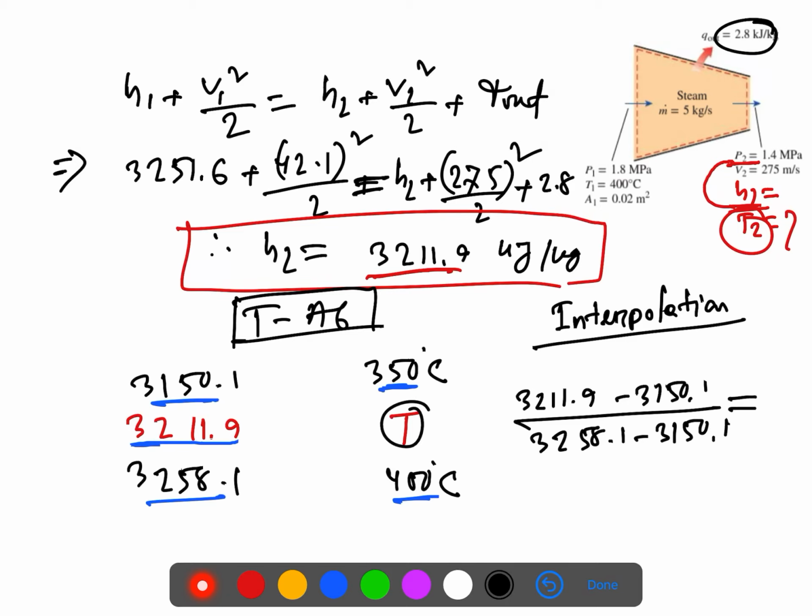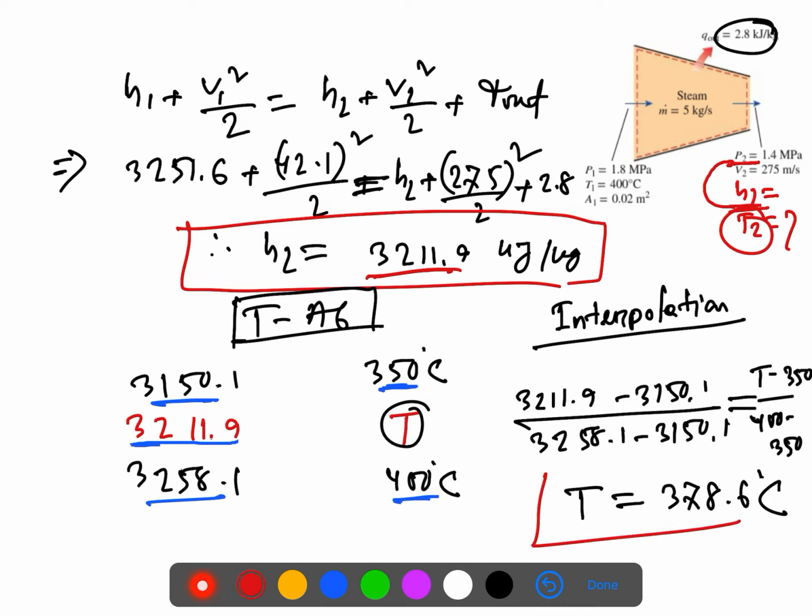That means T minus 350 over 400 minus 350. If we solve it, then the temperature will be 378.6 degrees centigrade.